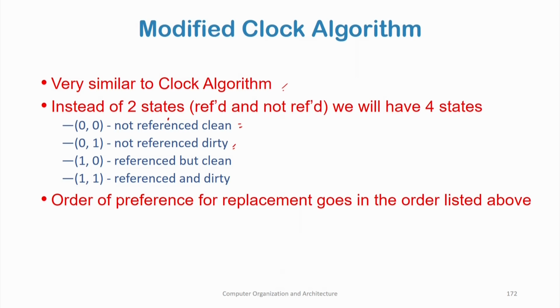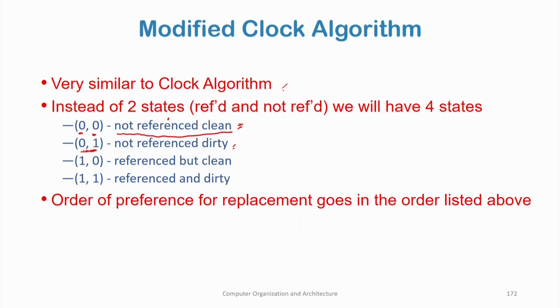If a page has its reference bit 0 and its dirty bit also 0, it means that this page was not referenced in the current interval and is also clean. That means when replaced, I do not need to write this page back onto disk.